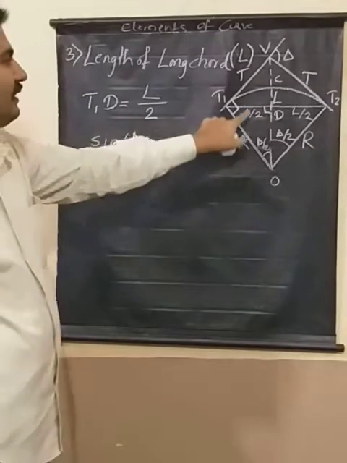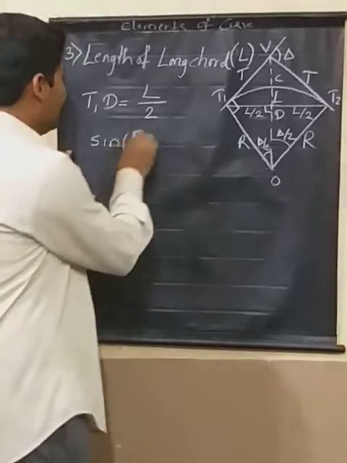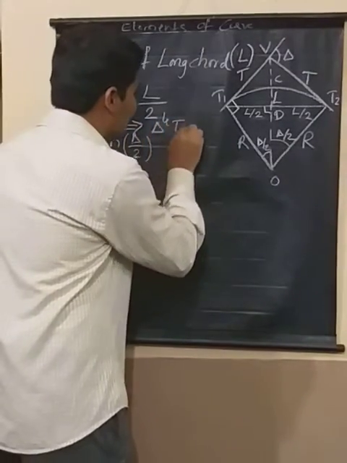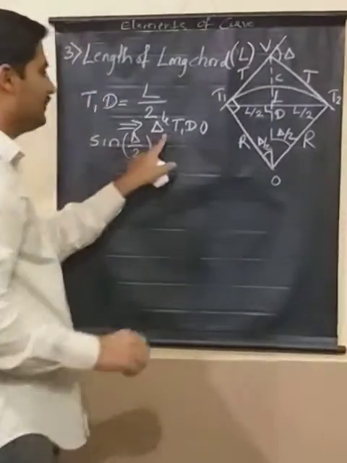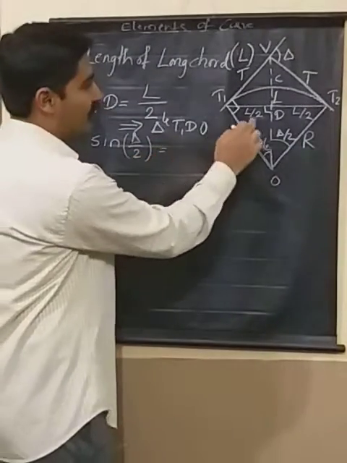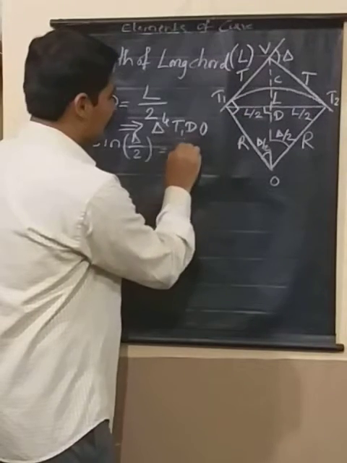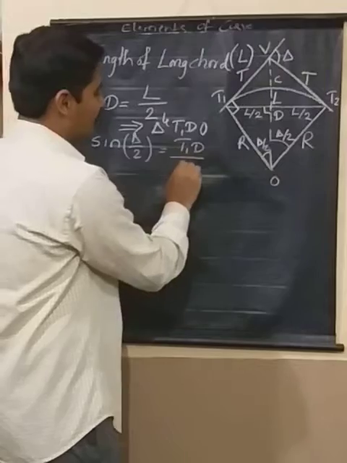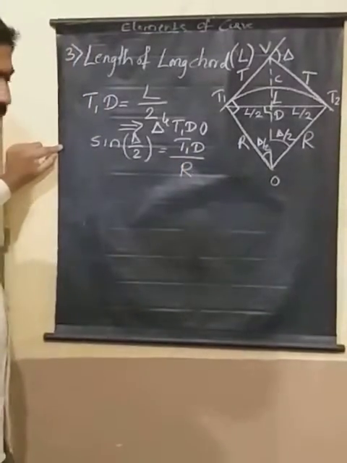So it is from the triangle T1DO. So I insist you write here from the triangle T1DO. From this triangle I am going to write what is sine delta by 2. So it is going to be opposite side, that is T1D divided by hypotenuse, that is R, isn't it?